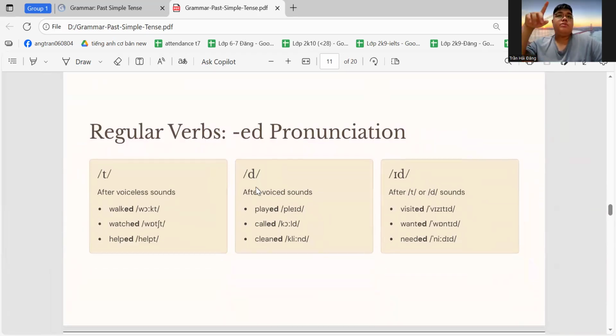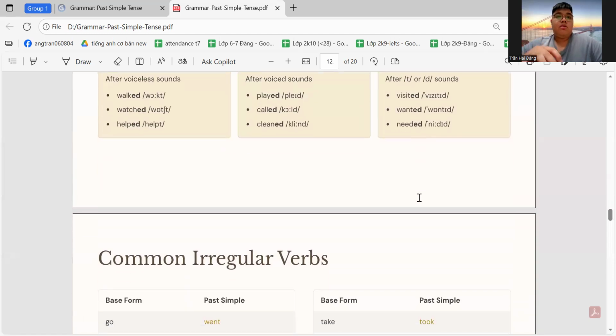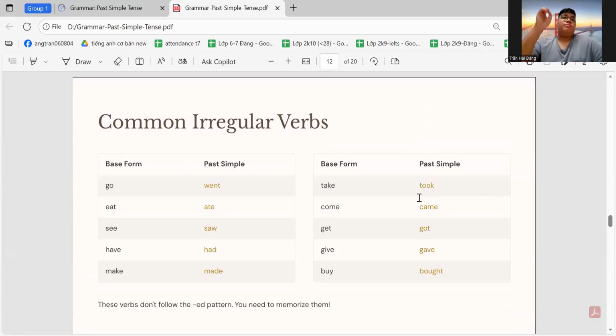About regular verbs, we need to have the ed pronunciation, like t, d, or ed. We use t after a voiceless sound, d after a voiced sound, and after t or d sound it is ed, right? Okay, so how about the common irregular verbs?